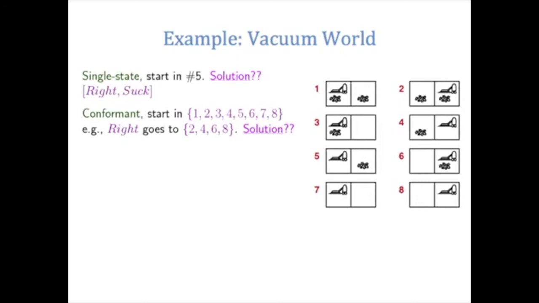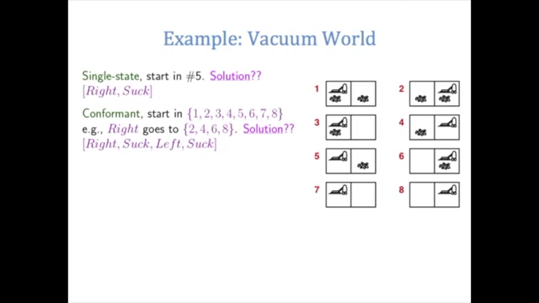So what we're looking for is a general solution, which would be a sequence of actions that would work to have both sides clean no matter which state we start in. And that's possible too. So no matter where we are, we move right, suck up the dirt, move left, and suck up the dirt.